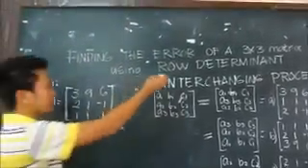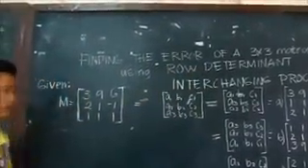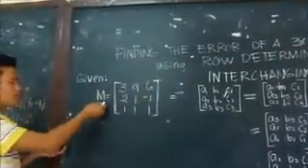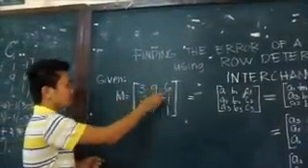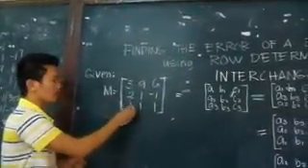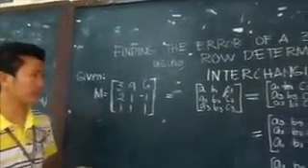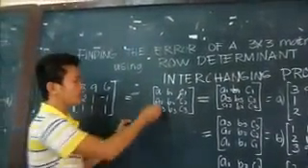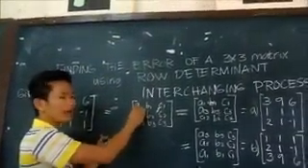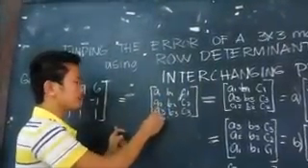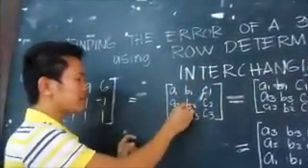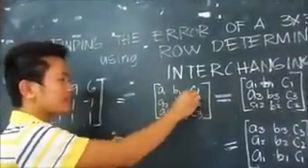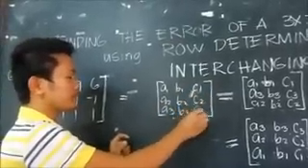Finding the error of a 3 by 3 matrix using the row determinant. Our set of matrix is 3, 9, 6, 2, 1, negative 1, 1, 1, 1. The interchanging process in determining the error, we have the original pattern, A sub 1, A sub 2, A sub 3, B sub 1, B sub 2, B sub 3, C sub 1, C sub 2, and C sub 3.